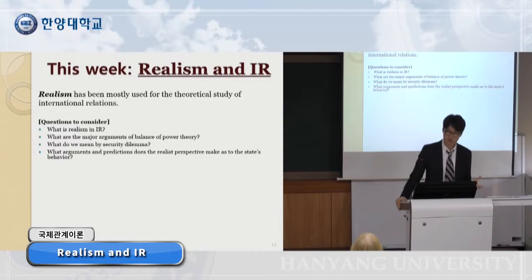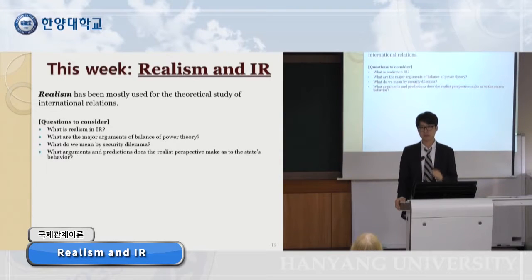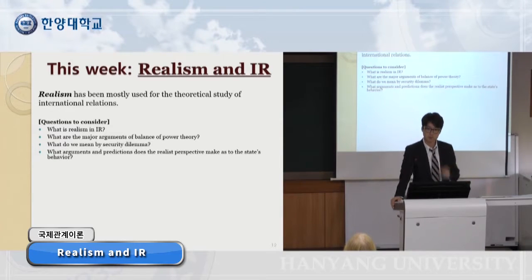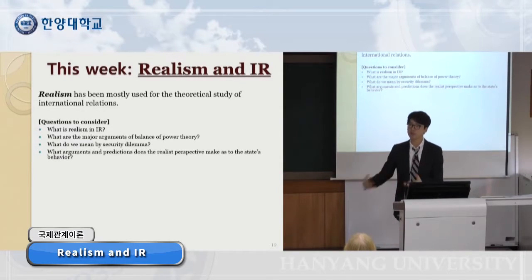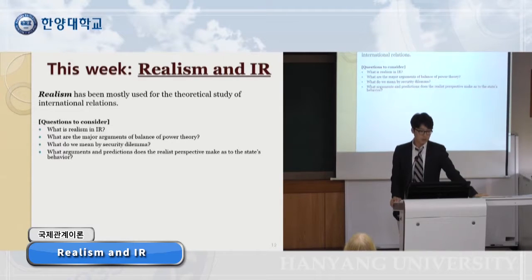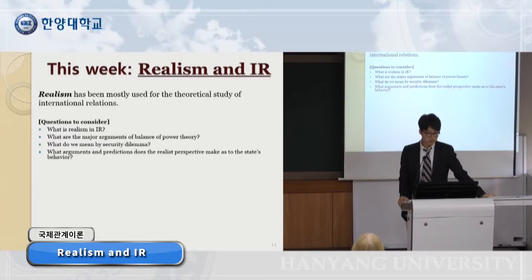As I said previously, realism is not a specific theory per se. Instead, it is more like a theoretical perspective that could contain a number of different, more specific theories, based on the underlying assumptions shared by realist scholars, right? The balance of power theory is one of the several specific theories under the heading of realism. So, what are the major arguments?